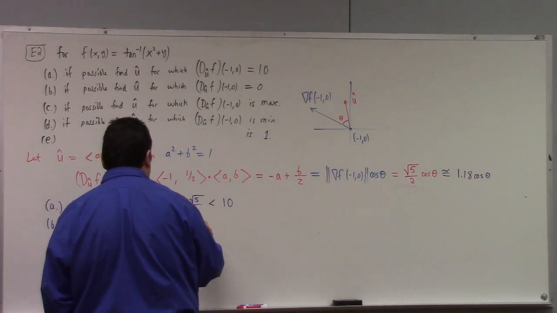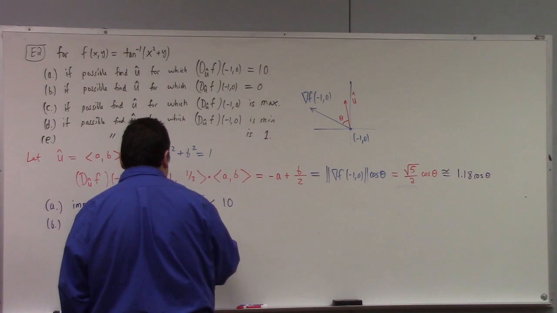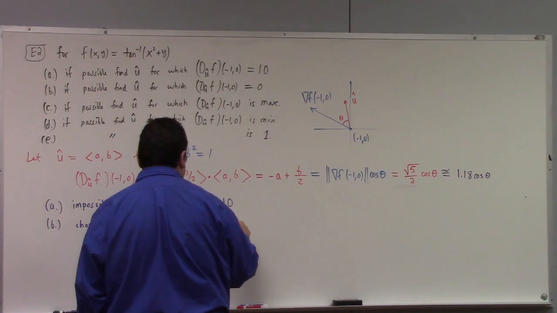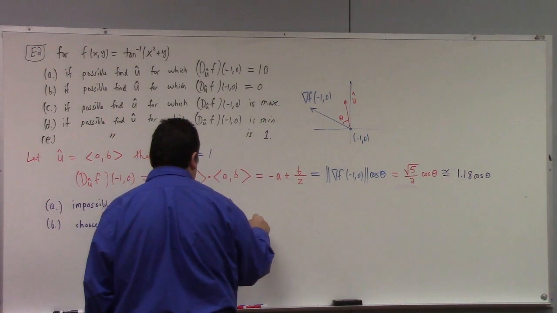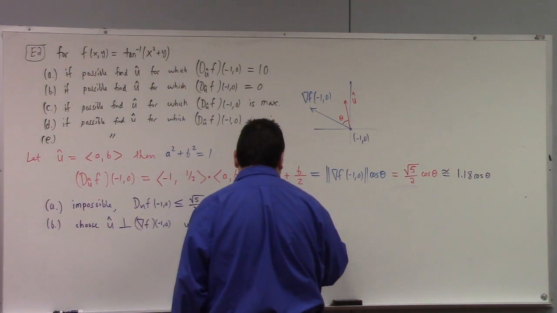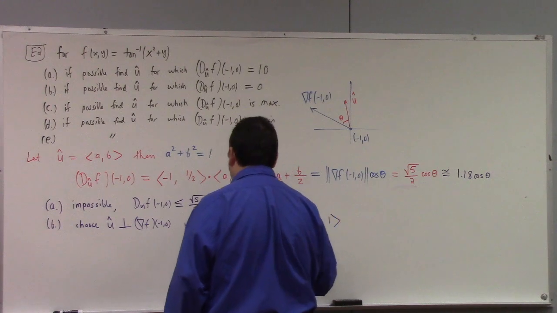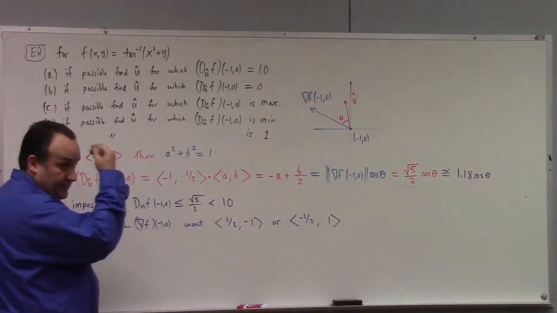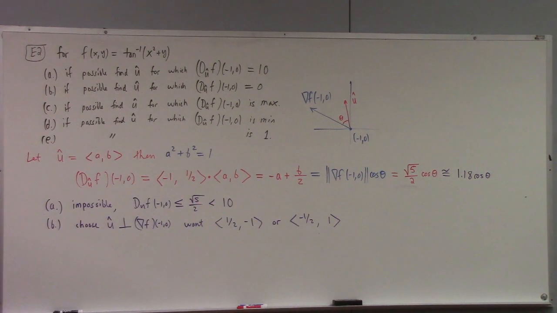So maybe (1/2, -1) or (-1/2, 1). This is that quote-unquote cross product in 2 dimensions I told you guys about. You just flip the components and add a minus on one of them. That gives you a vector which is perpendicular in 2 dimensions.